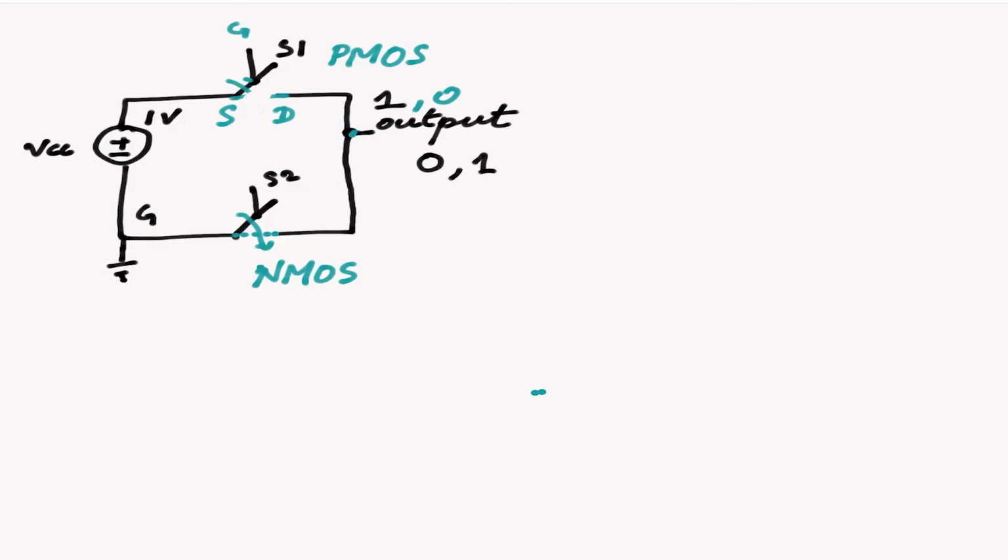So now let's look into the schematic for an NMOS. This is our, let's say, output, and this is ground, and this is our input, some signal.